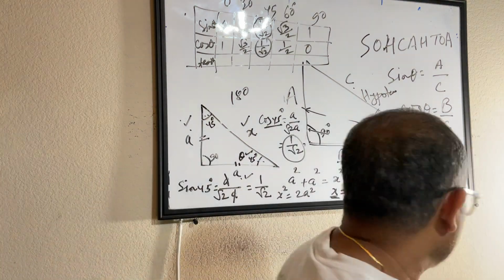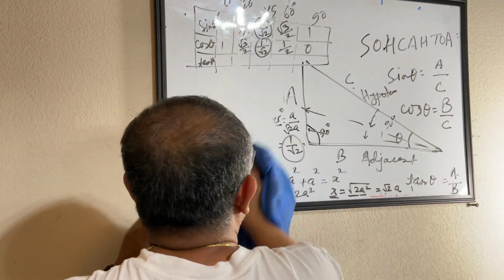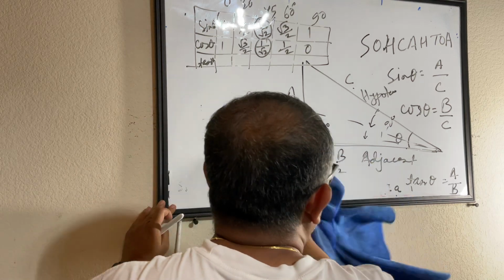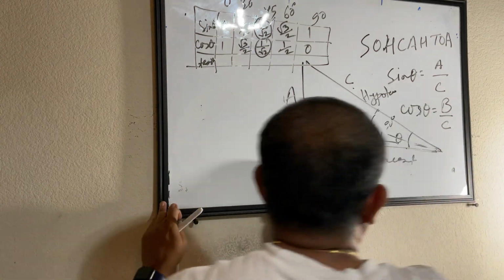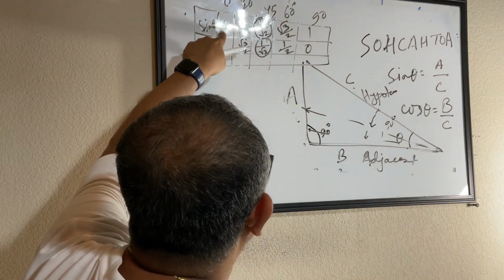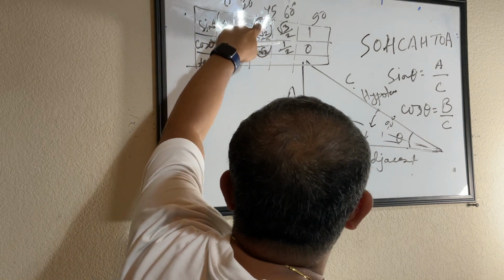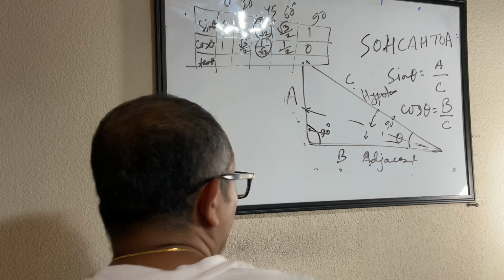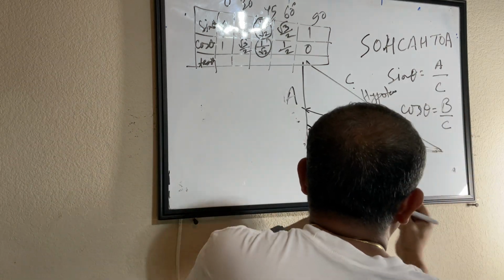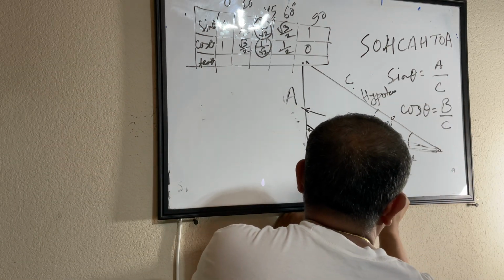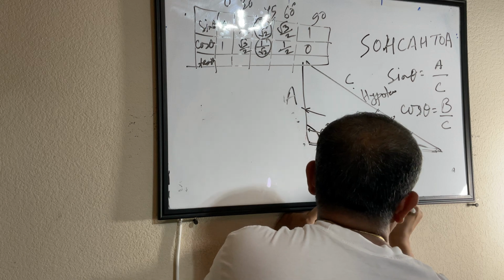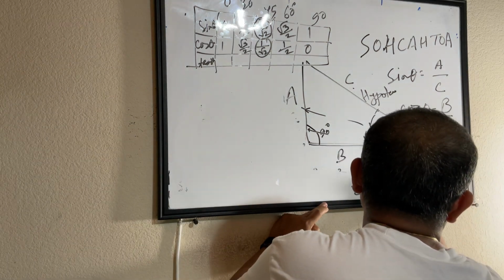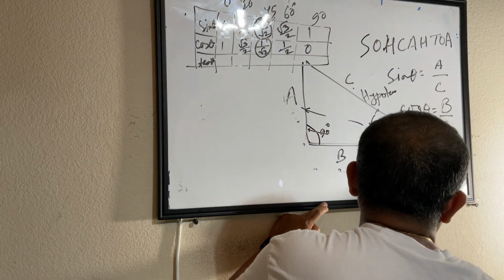Okay. Now, so we saw sine of 0 degrees equal to 0. Sine of 45 degrees is 1 by root 2. Cos of 45 is 1 by root 2. Now, from this one, sine theta by cos theta. If I do sine theta by cos theta, that is nothing but a by c divided by b by c.